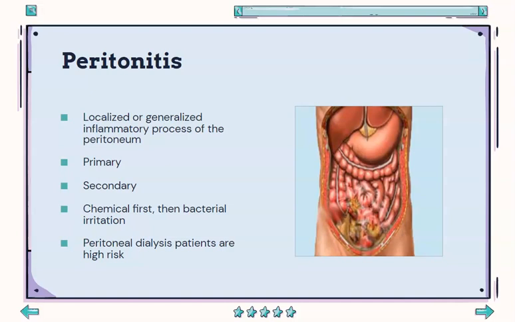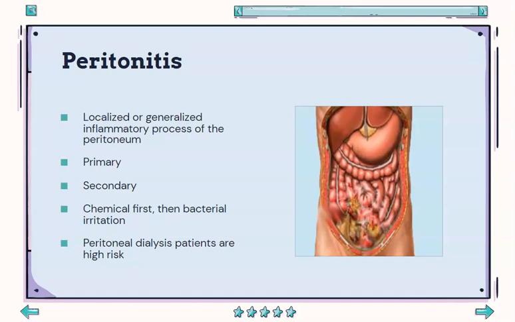A secondary peritonitis is when it is related directly to a perforation of one of the abdominal organs and the spillage of the contents out into the peritoneal cavity. So your ruptured appendix and the contents spilling out, that's going to cause secondary peritonitis.